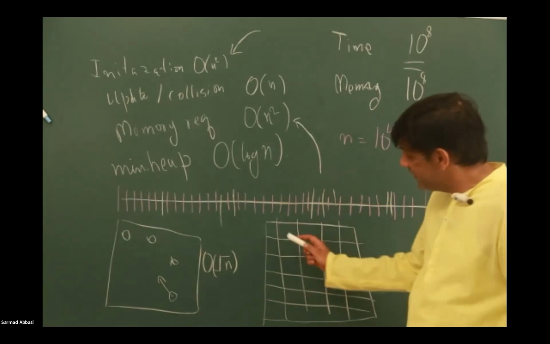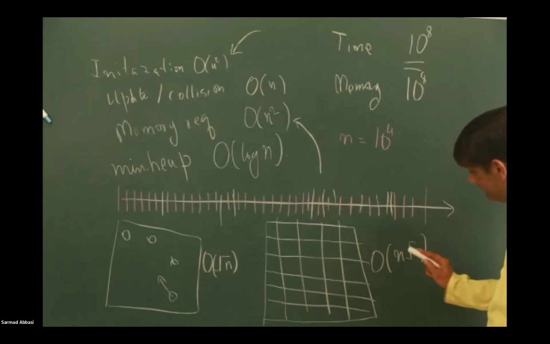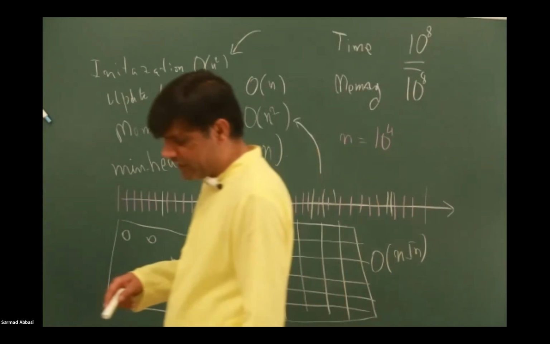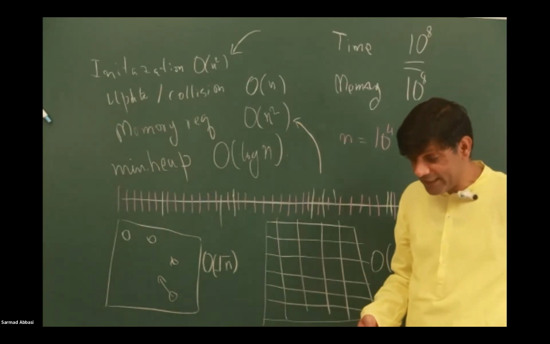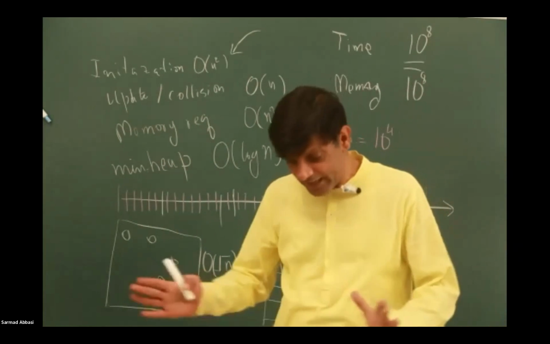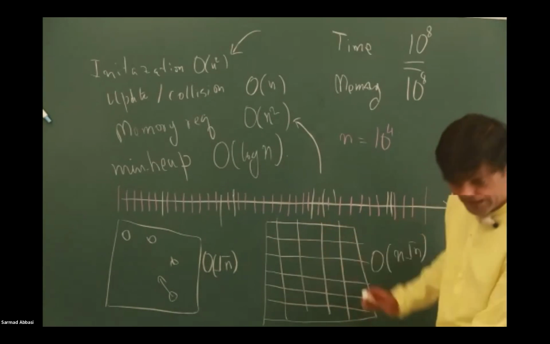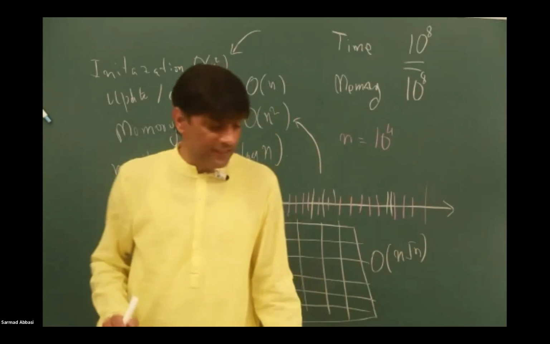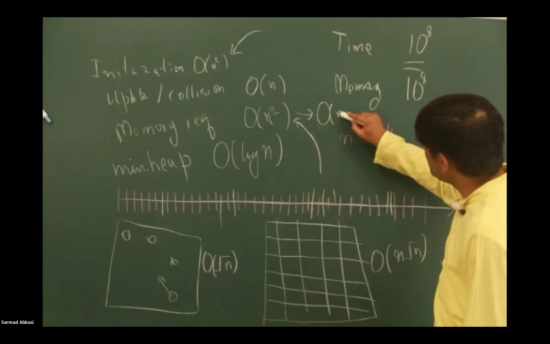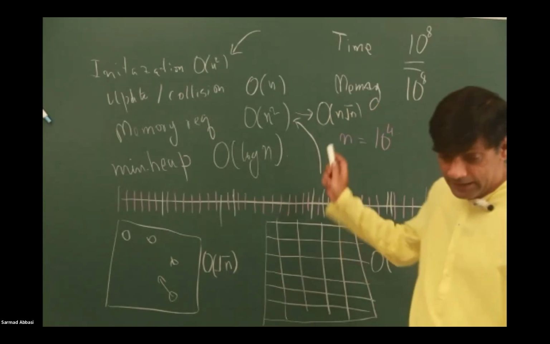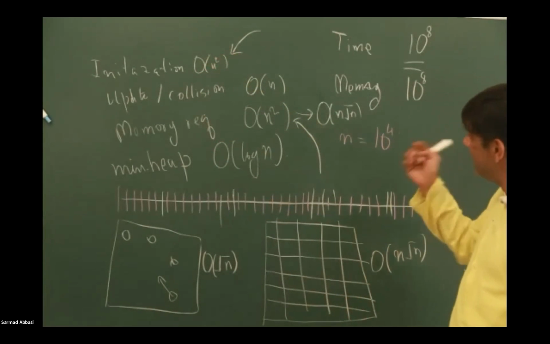So it turns out that this matrix has order n square root of n non-zero entries with high probability, and the variance is not going to be much. So if you are clever about storing this matrix, then you can bring the memory requirements down to order n square root of n. We're still stuck in initialization. Let's not worry about that for a while.